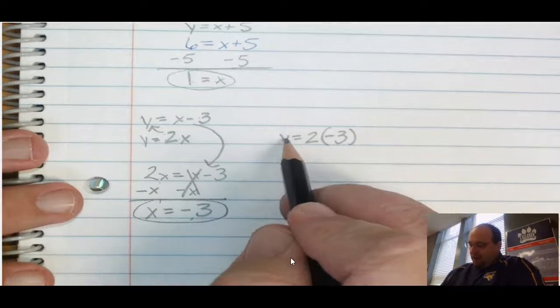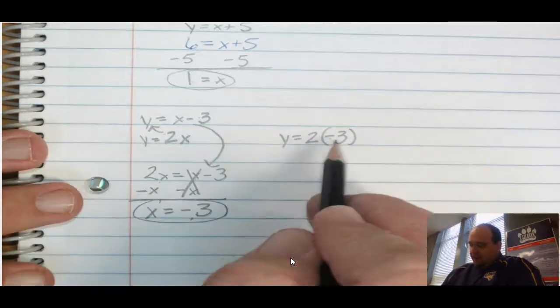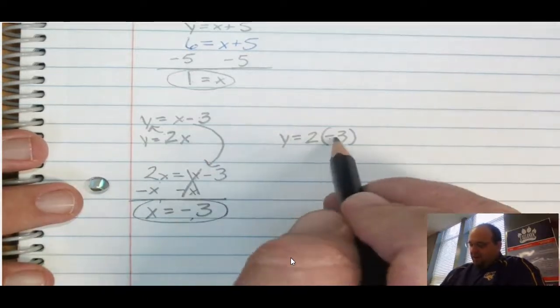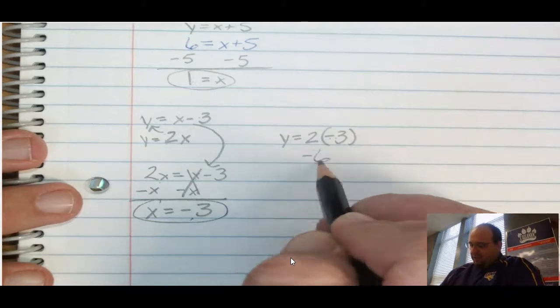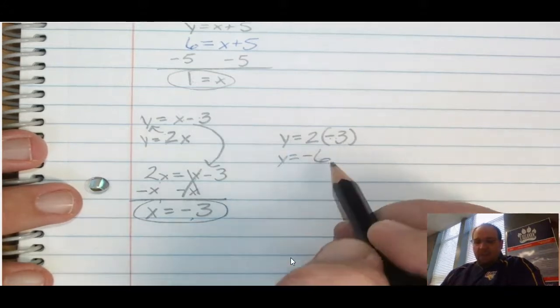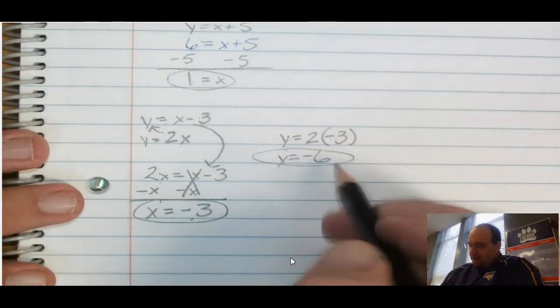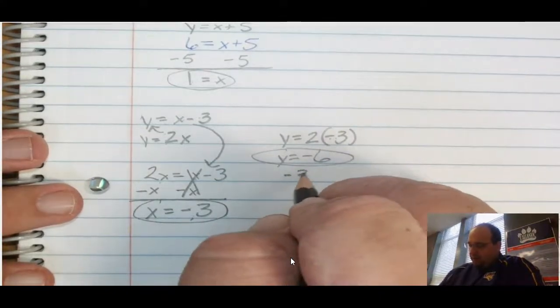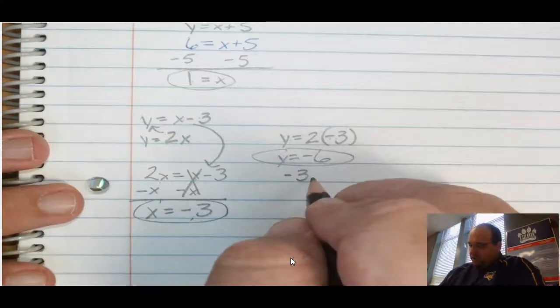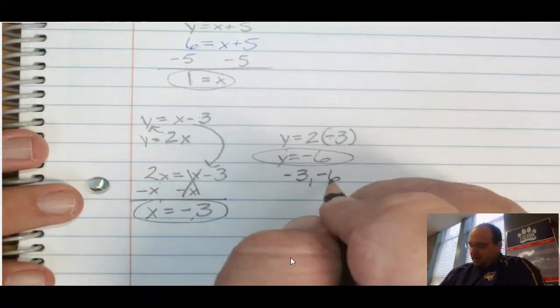So I have y equals 2 times negative 3. 2 times negative 3 is negative 6. So I get y equals negative 6. So I have x equals negative 3, y equals negative 6. So my coordinate point of intersection for the one solution would be (-3, -6).